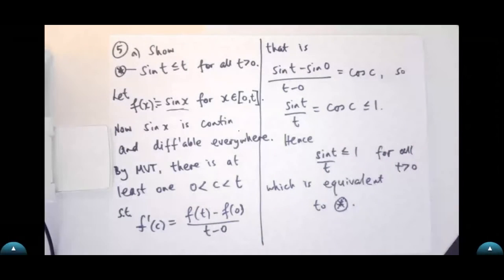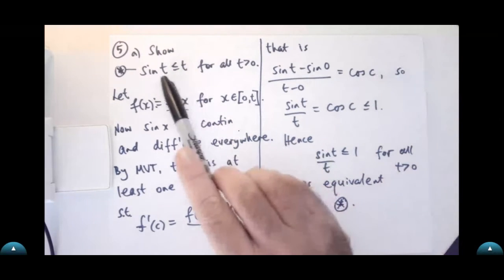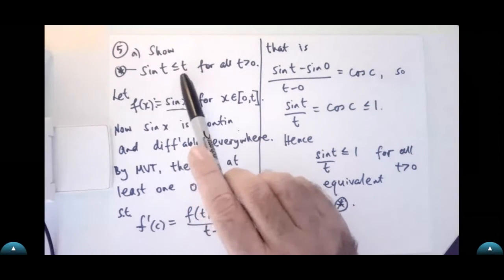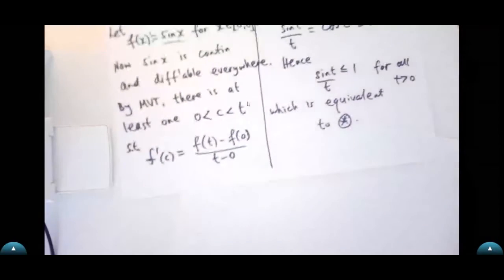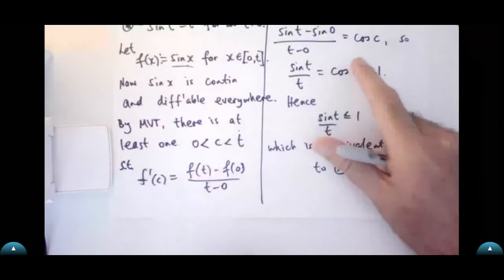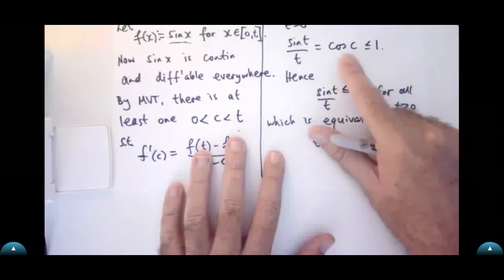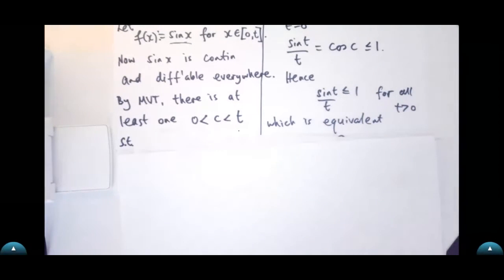Okay, what I can do here, if I wanted to show sine t strictly less than t, so not less than or equal to, we change this to that. All we need to do is think about our way of arguing here a bit more, and it's got to do with this. I'm going to break it up into two parts.